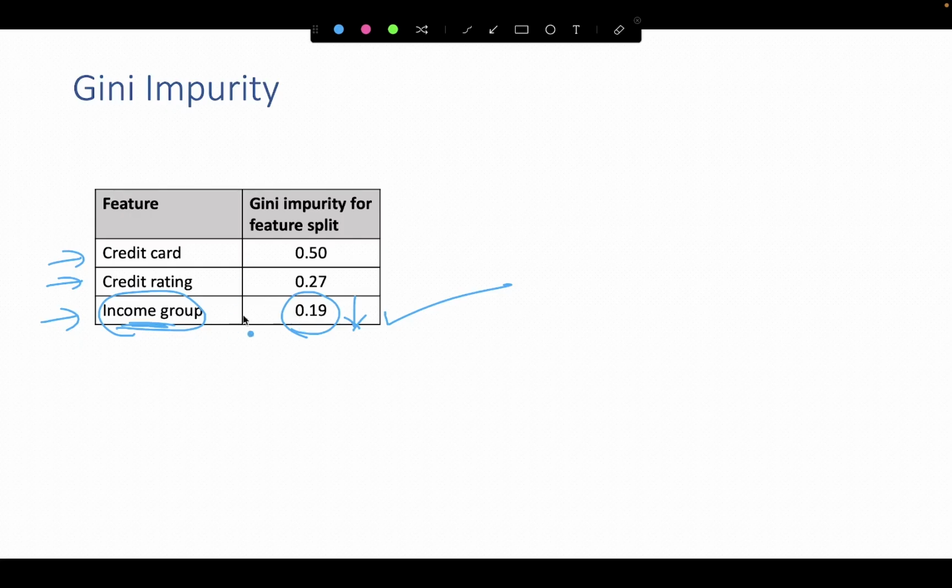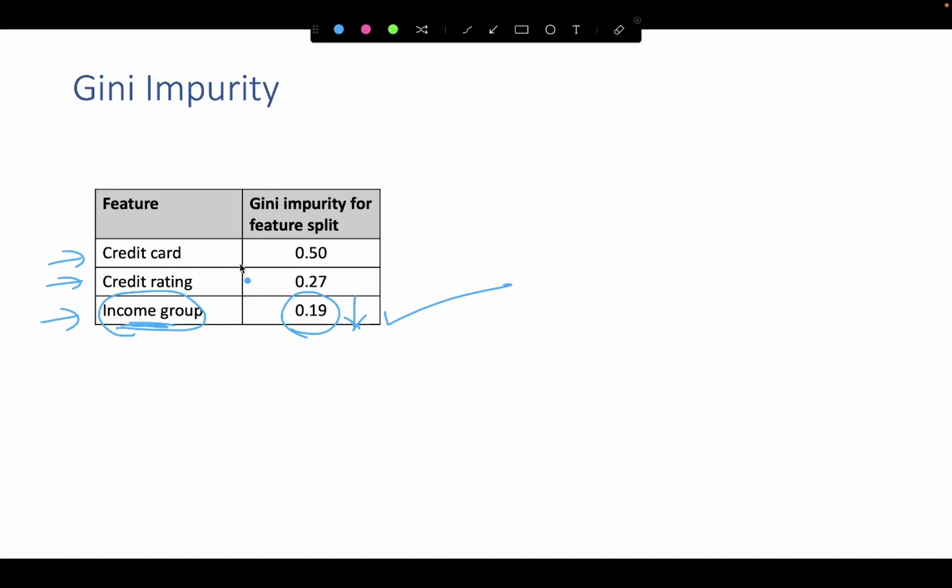Compare the weighted Gini impurity that you have calculated for the different feature splits that you have evaluated. Pick the feature split that's going to produce a minimum impurity value, like what you are currently observing for income group. Okay. So this is all I wanted to discuss with you in this particular session.